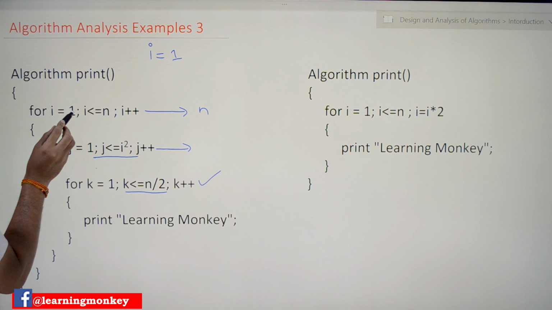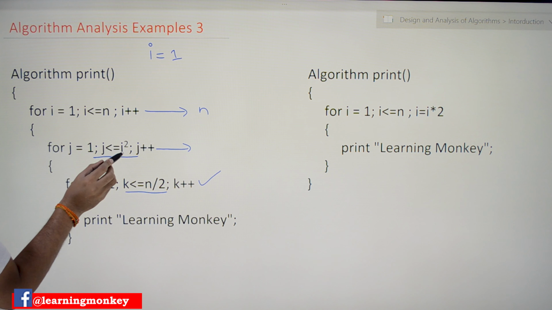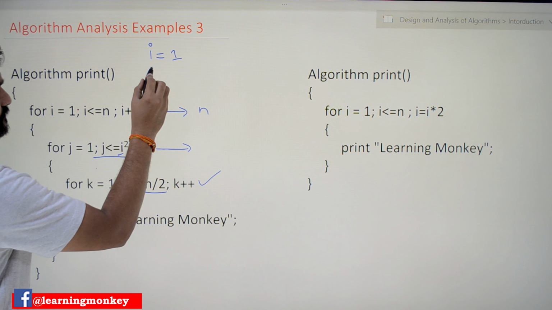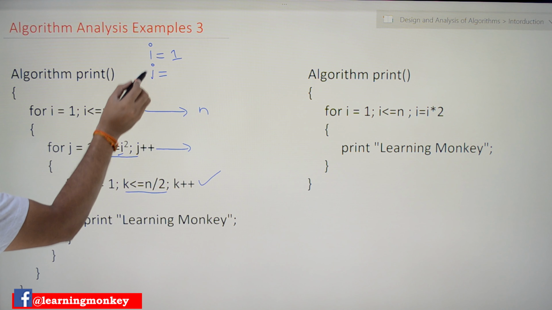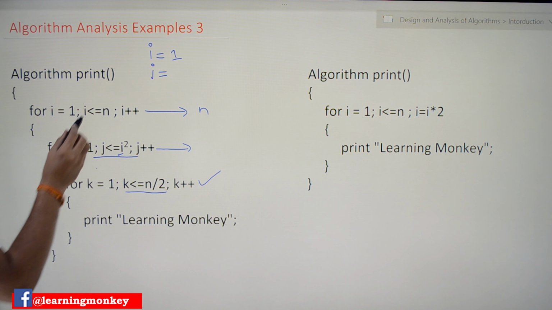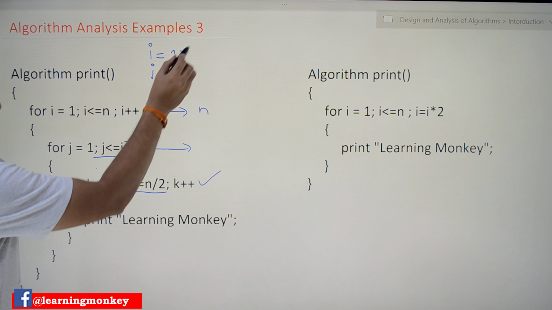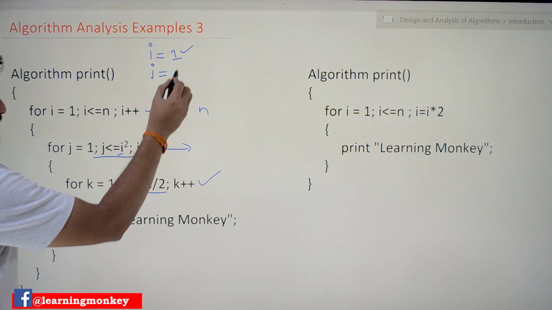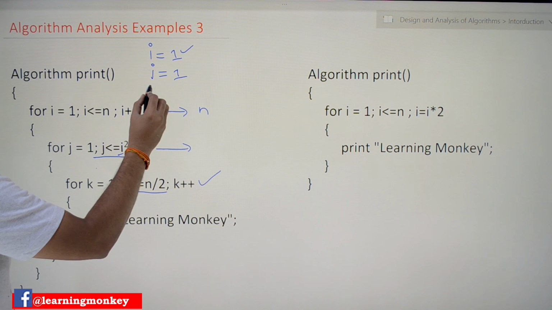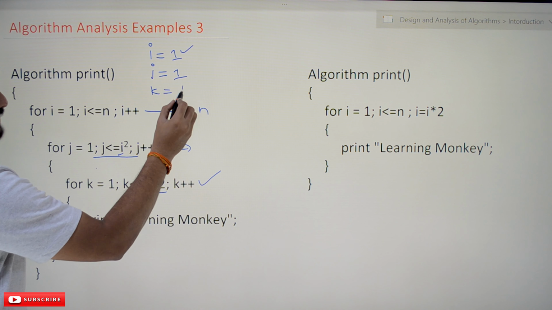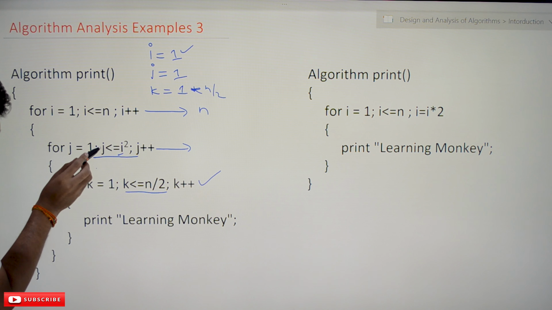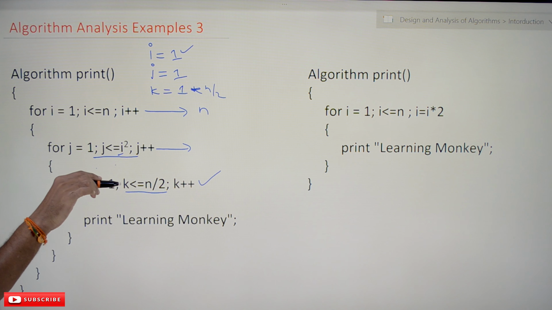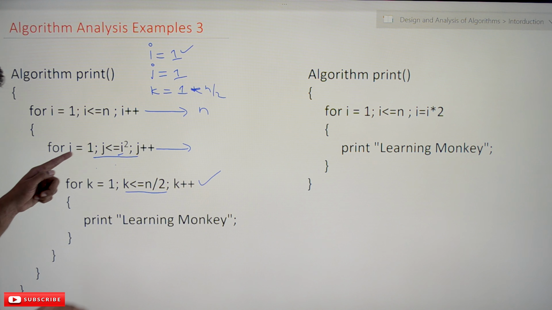When i is equal to 1, i square is 1, so at i equal to 1 this j will iterate 1 time. And what about k? k will iterate 1 into n by 2 times, because we come into this j loop only 1 time.